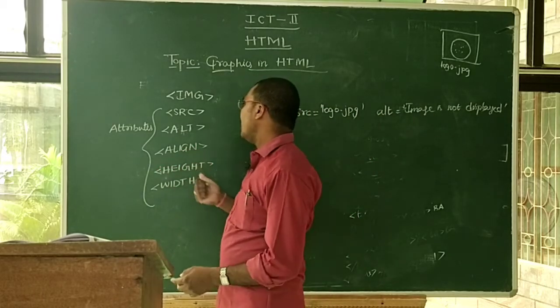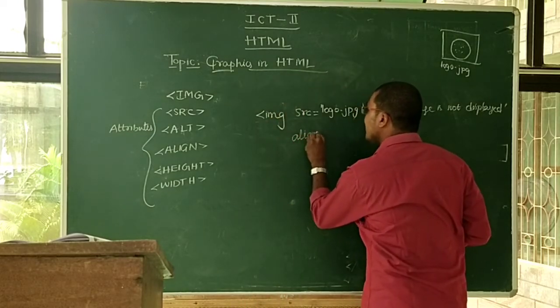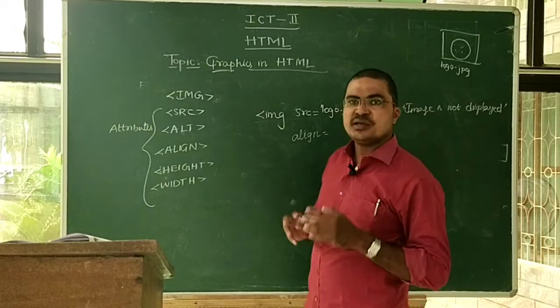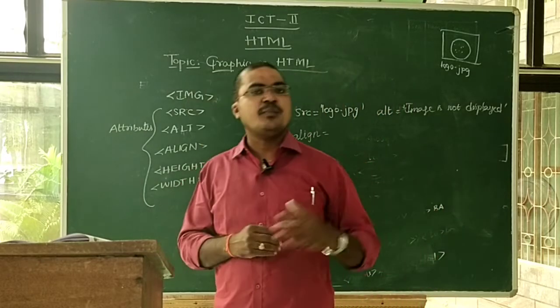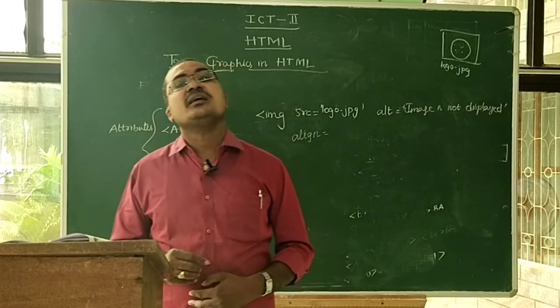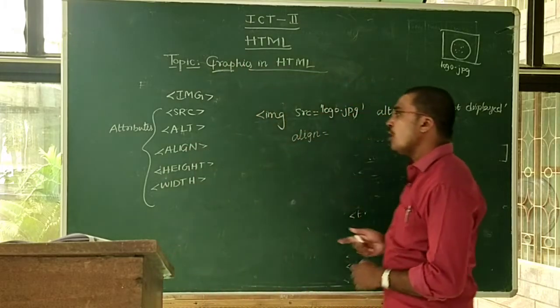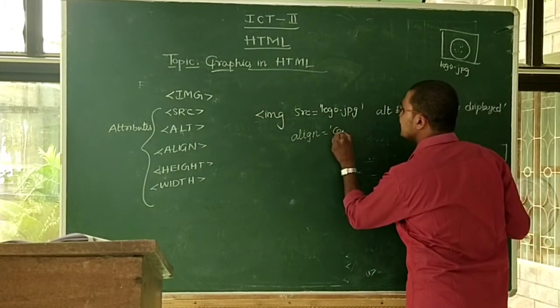And the next one is called align. Align means whether the image should appear in the middle of the web page, or the right hand side, or the left hand side. So which particular position the image appears. This time I want to show the image in the center of the page.